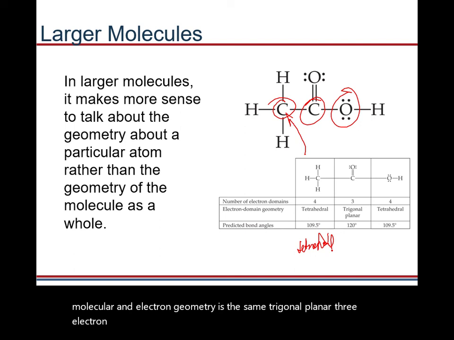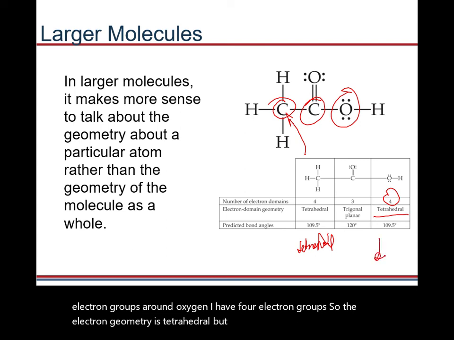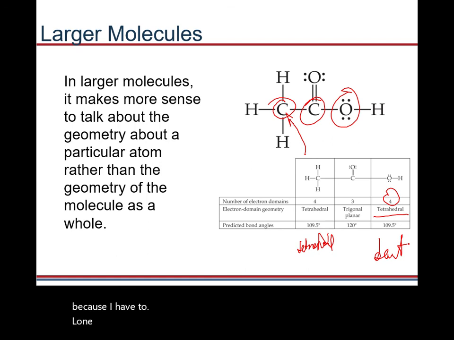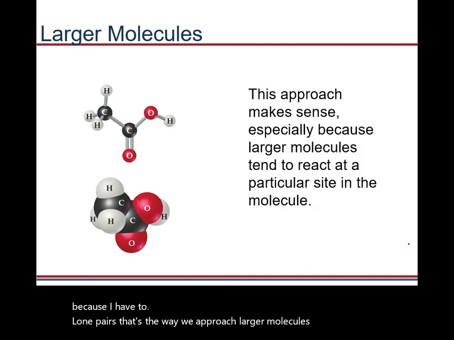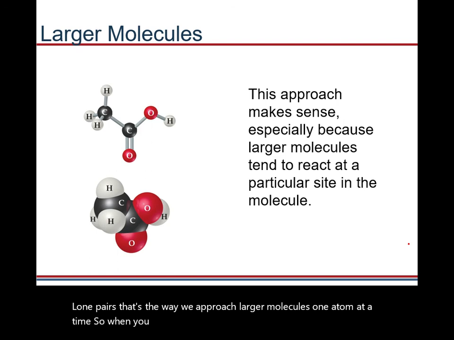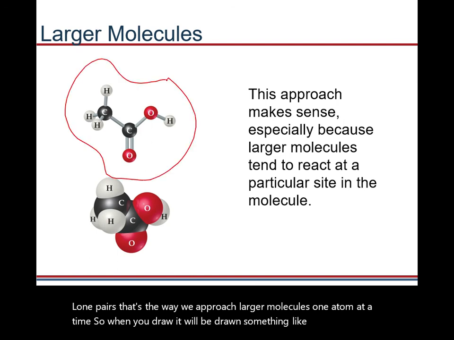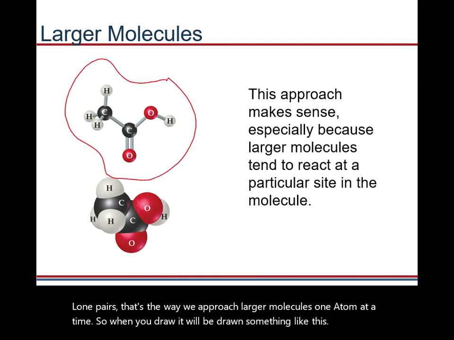Around oxygen, I have 4 electron groups. So the electron geometry is tetrahedral, but the molecular geometry is bent because I have two lone pairs. That's the way we approach larger molecules, one atom at a time. So when you draw it, it'll be drawn something like this. Okay.